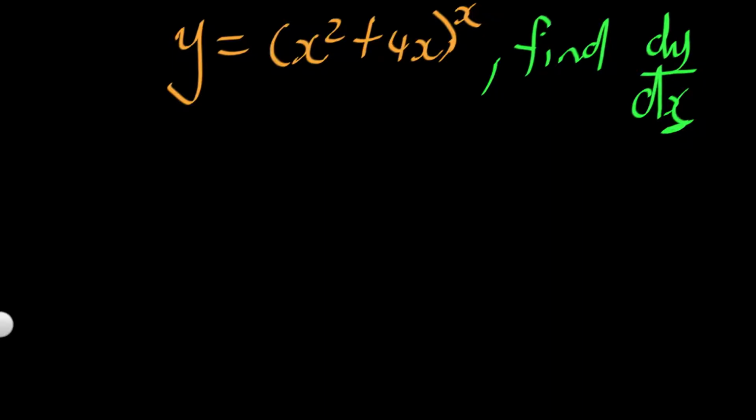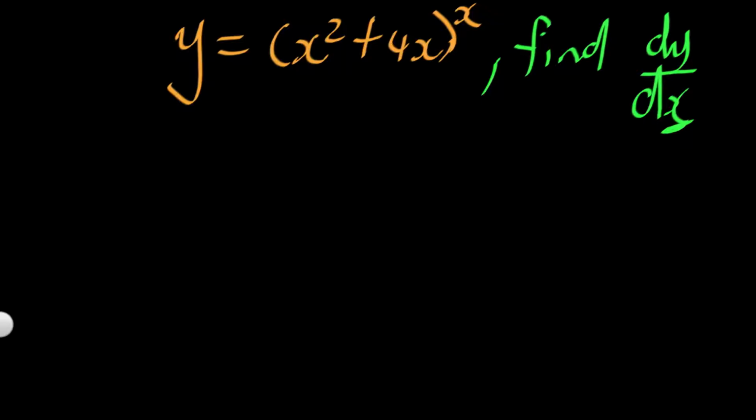You may try other techniques of differentiation, you will not get it right. You have to use here logarithmic differentiation, and the logarithm that you use is the natural logarithm or the logarithm to base e, not any other. Don't use base 10.